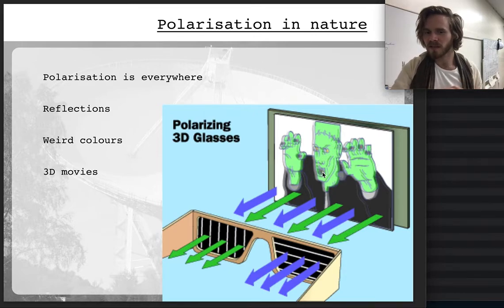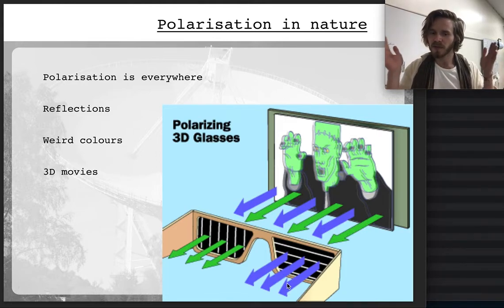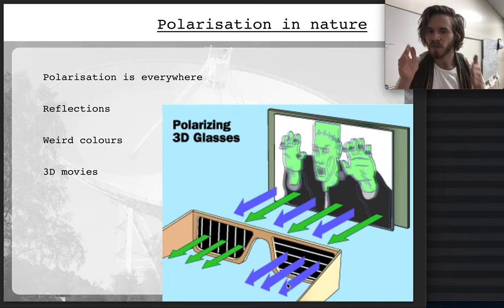One of them is horizontally polarized, the other is vertically polarized, and that's represented by these colored lines here. And then one of your eyes can take in light from, in this case, the horizontally polarized light, and your other eye takes in the vertically polarized light.